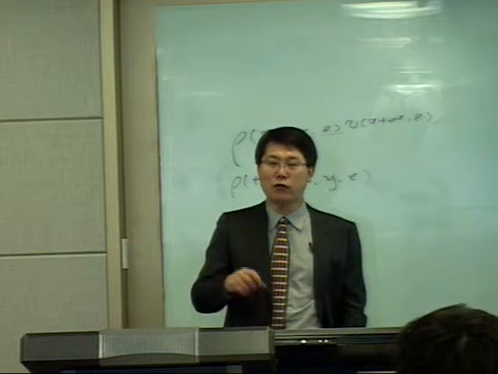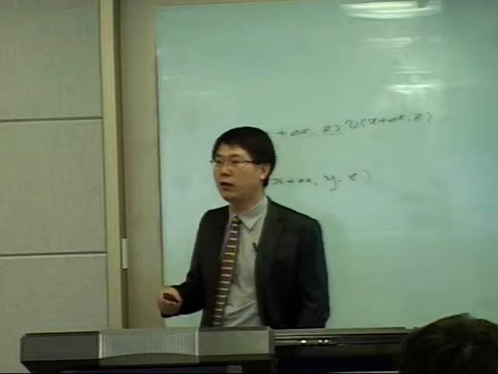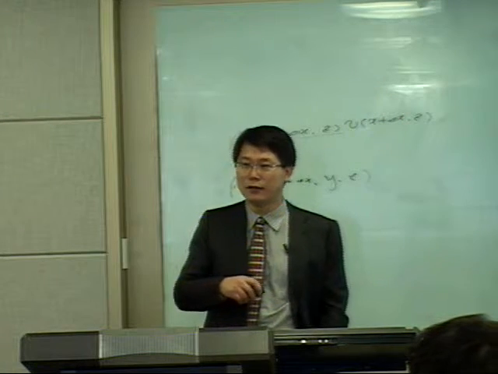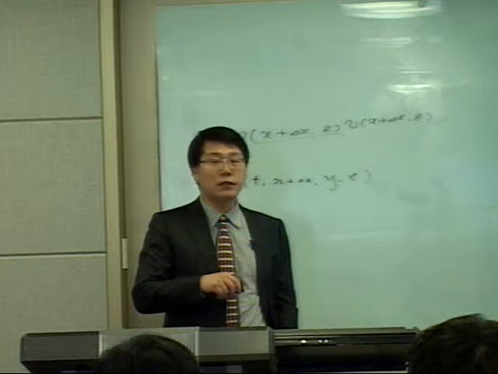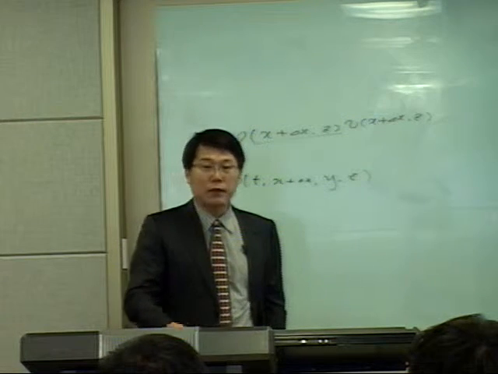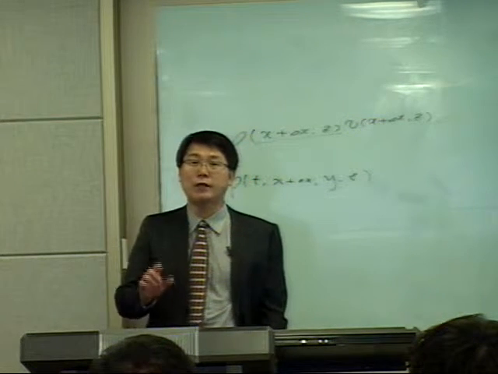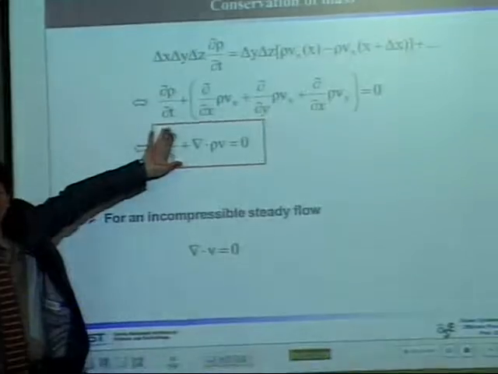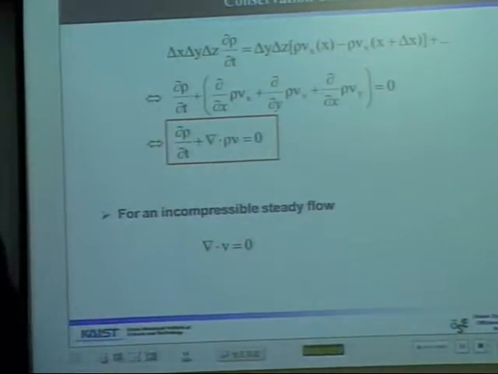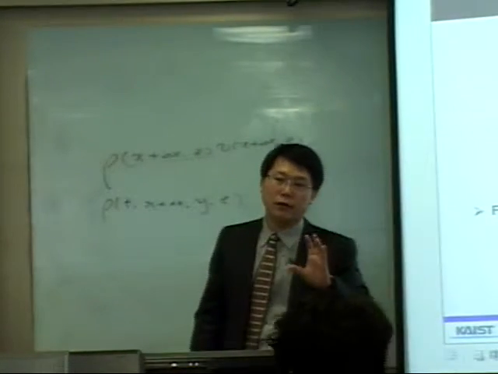I'm sure now you can recall all the memories. This is the general form of the continuity equation. For incompressible flow, incompressible means rho is constant. Then this term vanishes, and rho can get out of the divergence.